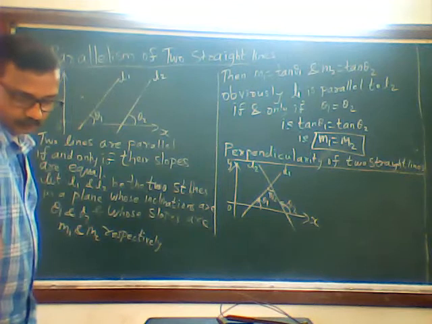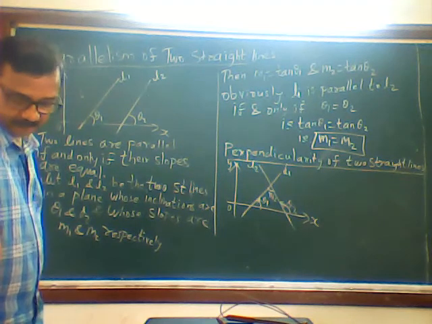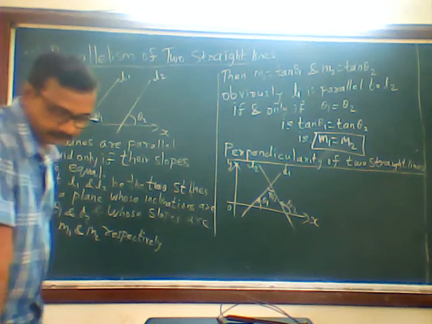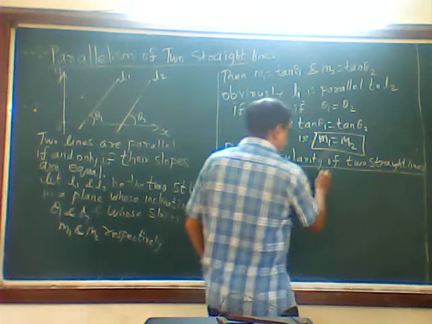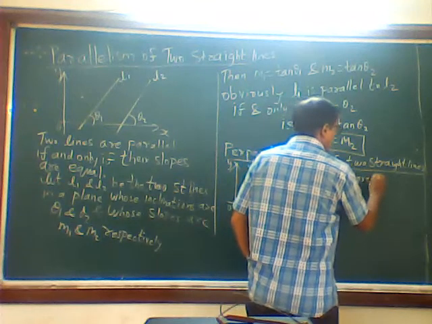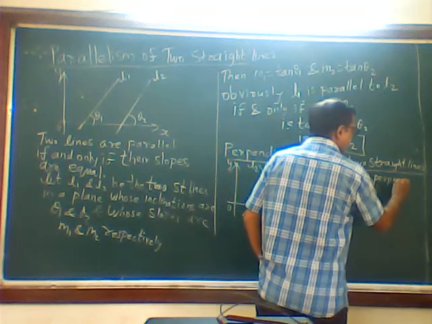So two lines are perpendicular if and only if the product of their slopes is minus 1.